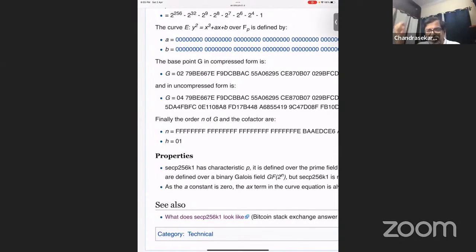The whole world is going to use this G. This point will be the starting point. The whole world which is using Bitcoin is going to use the same curve and the same points on that curve. Don't worry about it. We are only 7 billion people. Even if each one of us had 1 billion accounts, you are not even going to handle a minuscule part of what is available here.